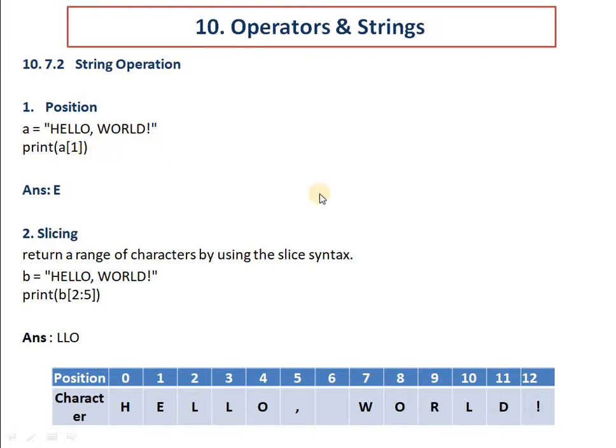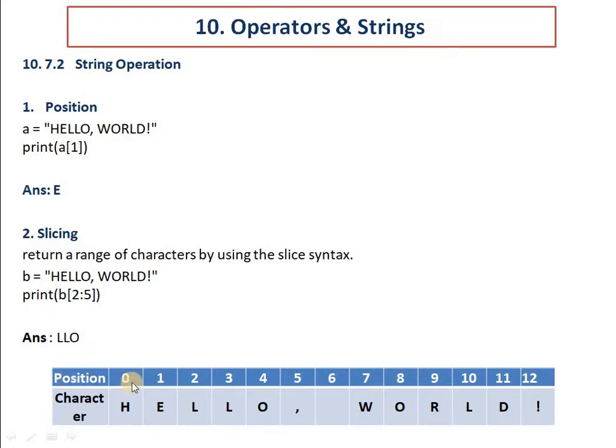Before going to this, let me take you to this diagram. I am writing the entire string hello world: HELLO, then a comma, then a space, WORLD, then an exclamation mark, in between the double quotes. So the characters I have listed one by one are HELLO, comma, space, WORLD, exclamation mark.